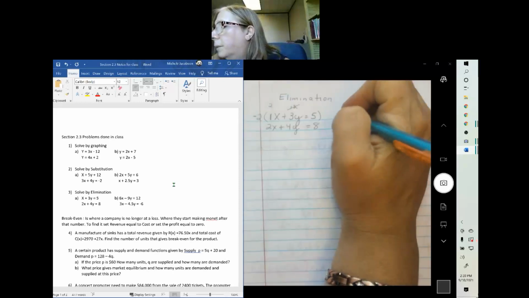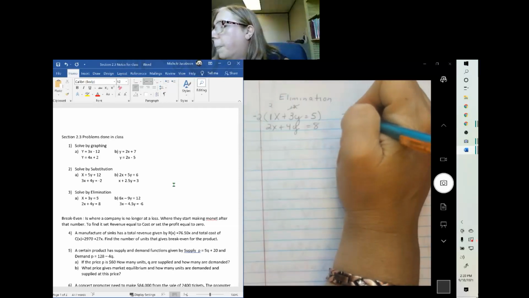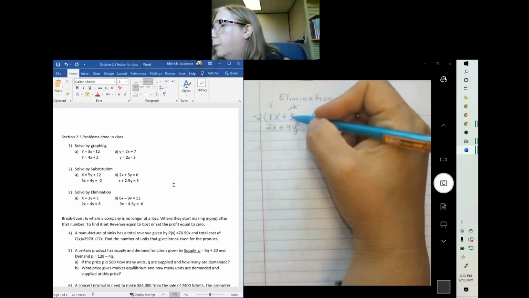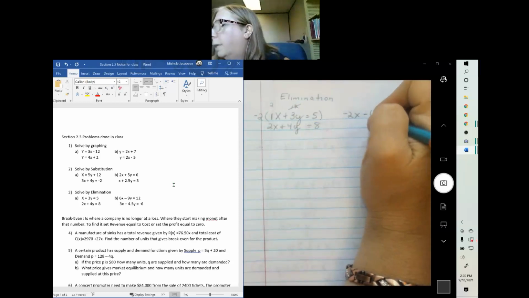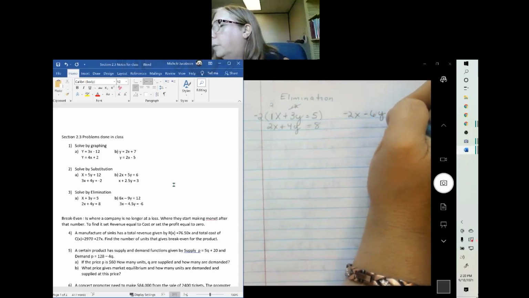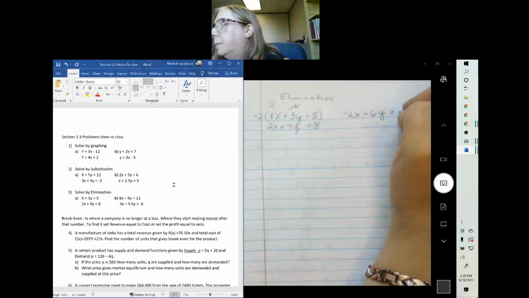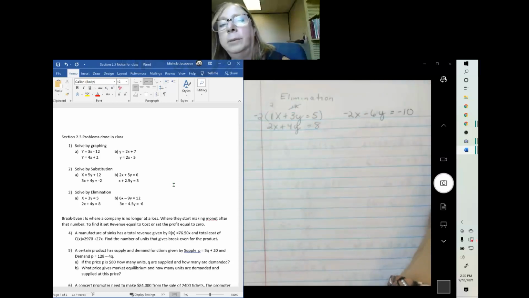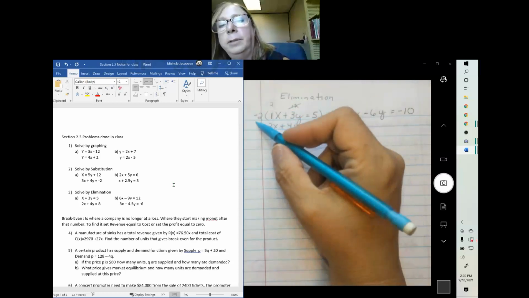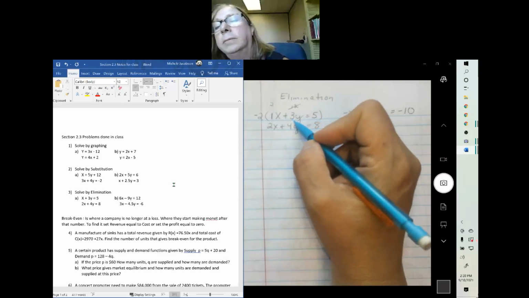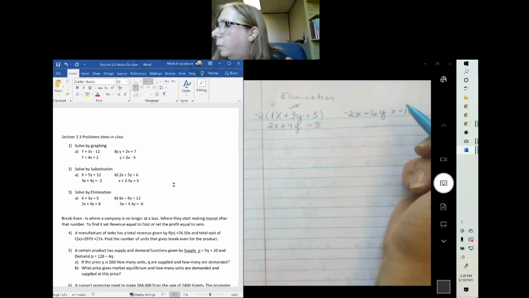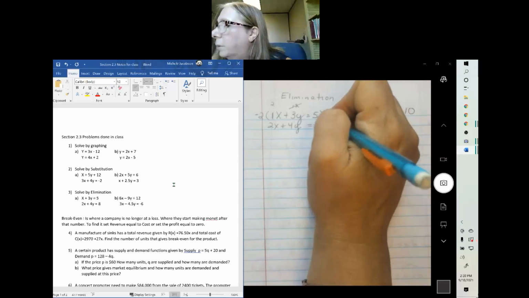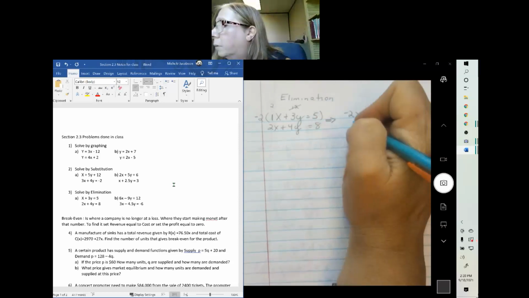Negative 2 times the 1x is a negative 2x. Negative 2 times 3y is a negative 6y equal to negative 2 times 5, negative 10. So I just distributed the negative 2 to each term. And then the other one, since I'm not doing anything, I'm just going to bring it over.